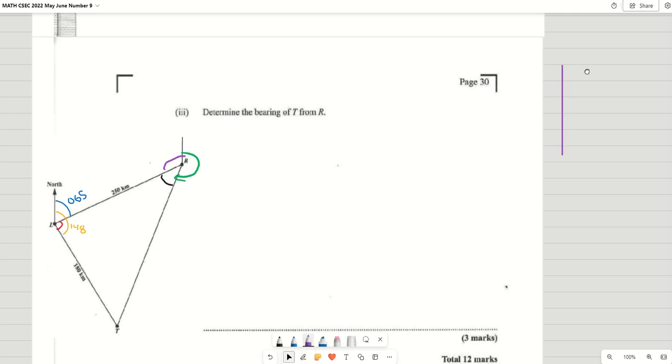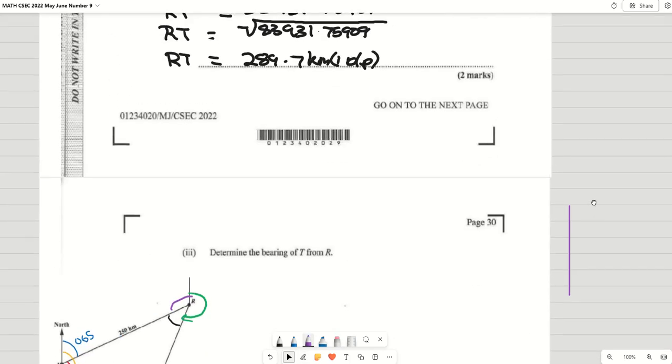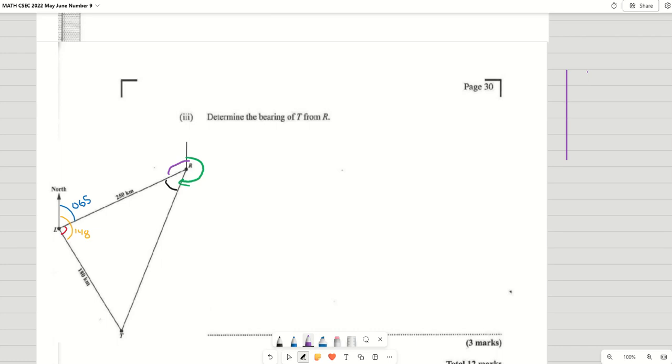That is 289.7, so let me write that down in red. We have that, and we have its corresponding angle, which is 83. Then we have a side, and we want to find the corresponding angle, so we'll use the sine rule.